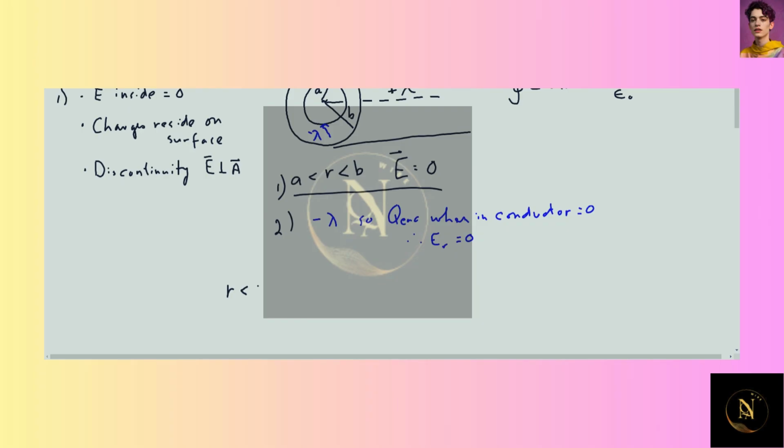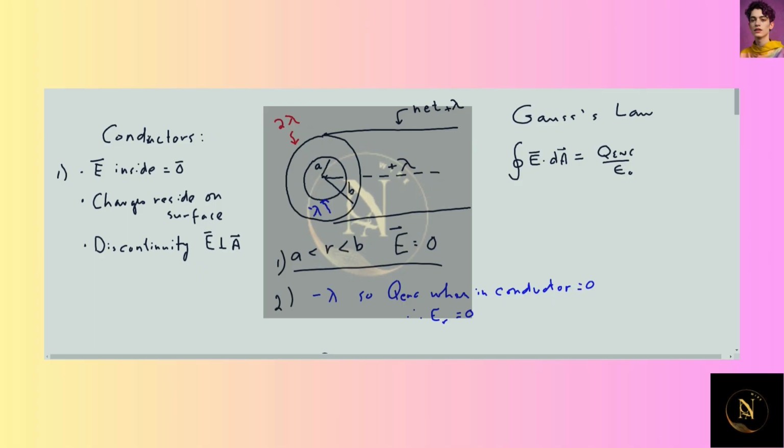For R less than A, the electric field times a small surface inside of the tube, which I can draw just so we can see what that looks like.